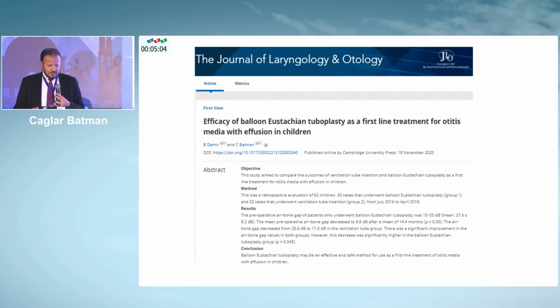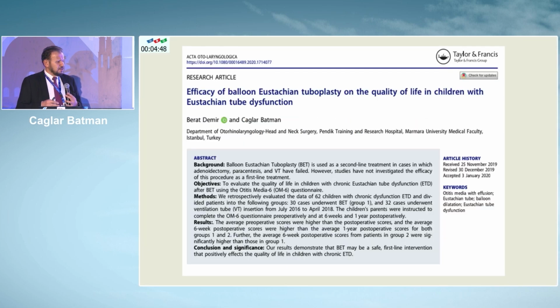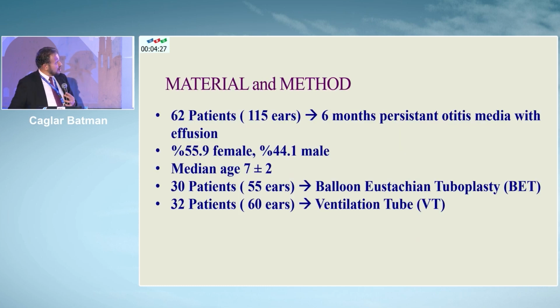These are preliminary publications. One is the efficacy of Eustachian balloon tuboplasty as a first-line treatment in otitis media with effusion in children. And this is a study that we compare tube insertion and tuboplasty, and with the same group, we did the study of quality of life in children with Eustachian tube dysfunction with tuboplasty.